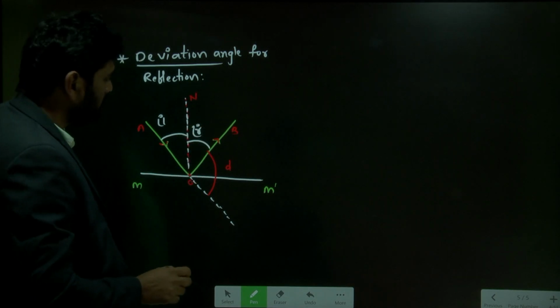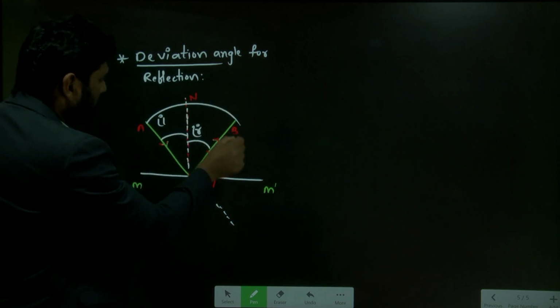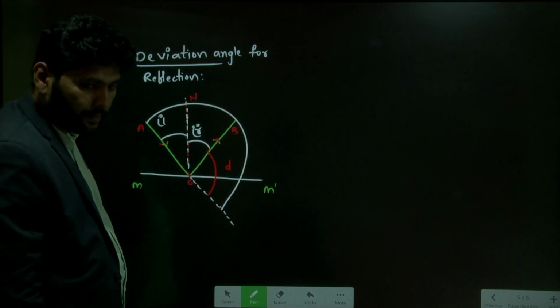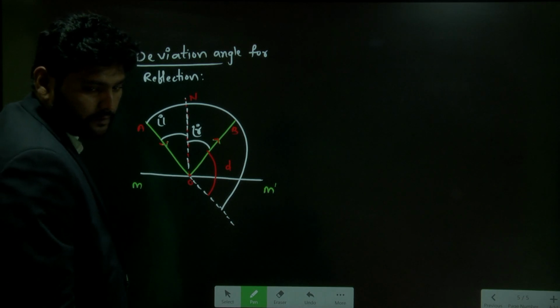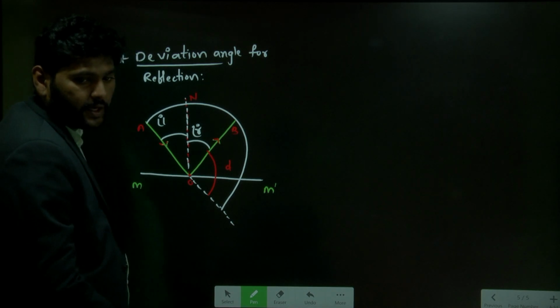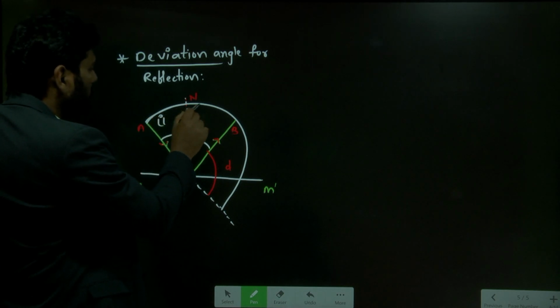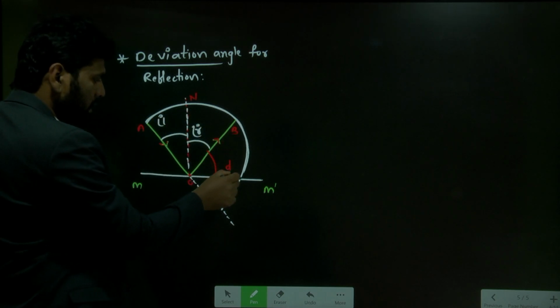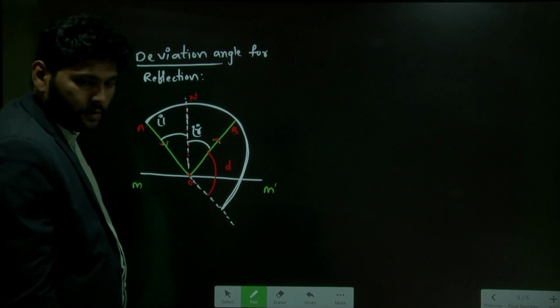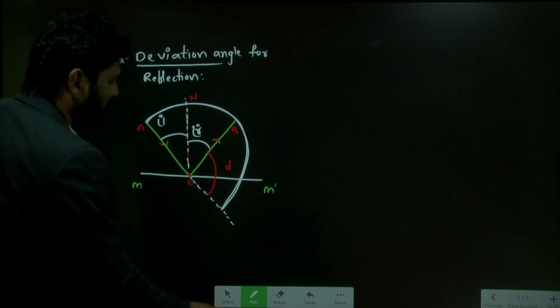But observe one thing. How much is the total angle here, according to mathematics? 180 degrees. Very good, excellent.